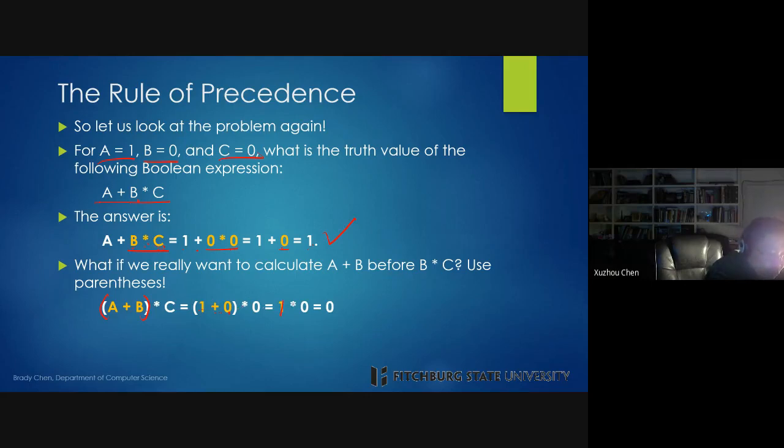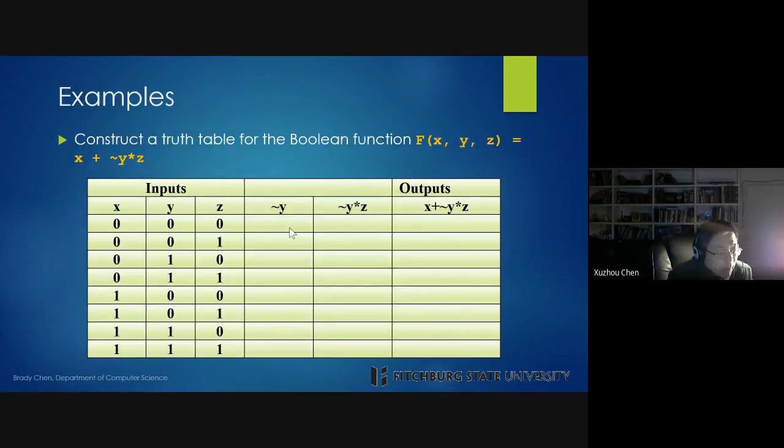And the 1 and the 0, that's 0. So the answer is different, okay? So that's very important. That's a rule of precedence. Okay. So then let's actually finish this one.